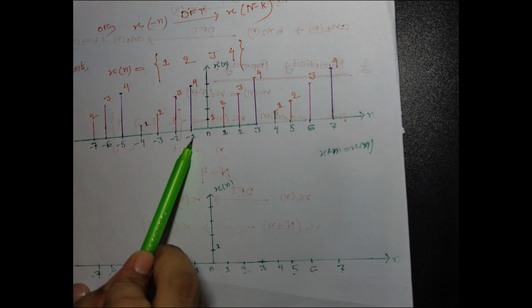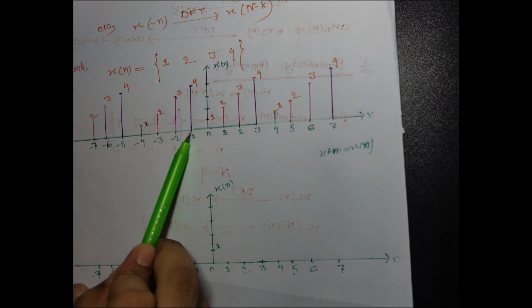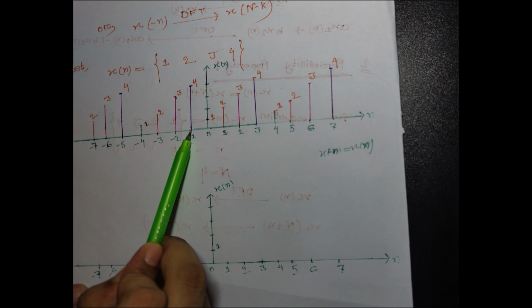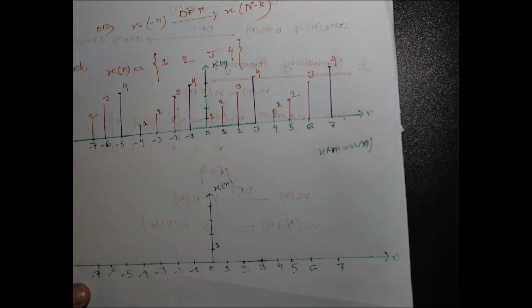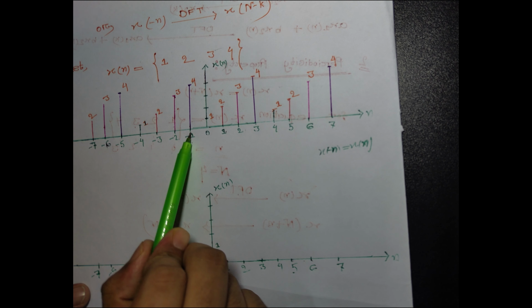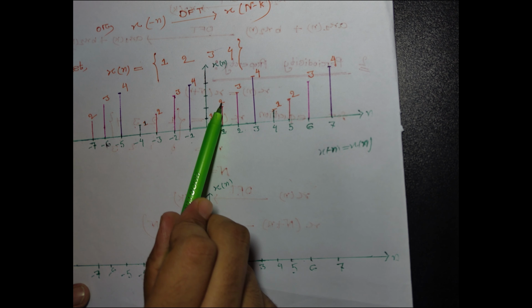But when n equals minus 1, the magnitude is 4. At the 1 position, the magnitude is 2.